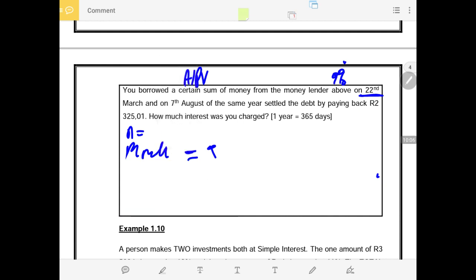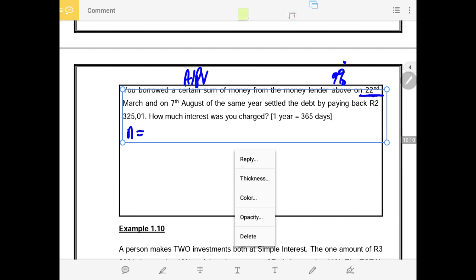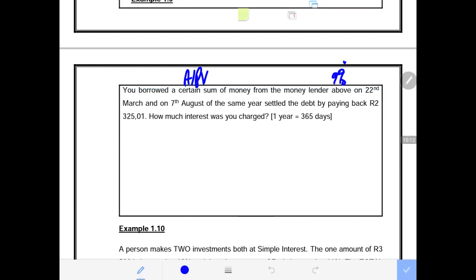So this 138 days in which the amount was borrowed becomes our N. In this case, what are we given? We are given the amount that was paid back, which is the sum accumulated, the future value. That means if we are given the sum accumulated, we need to say the sum accumulated equals A times (1 plus i times N).